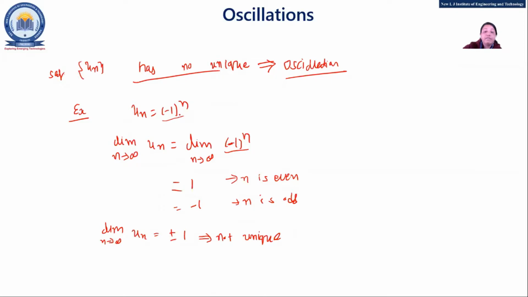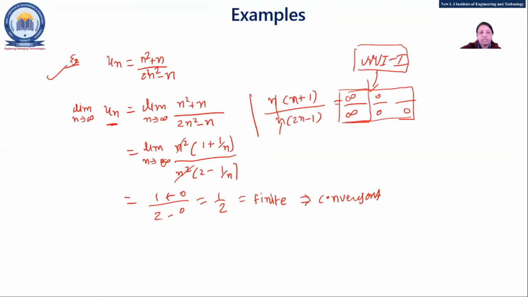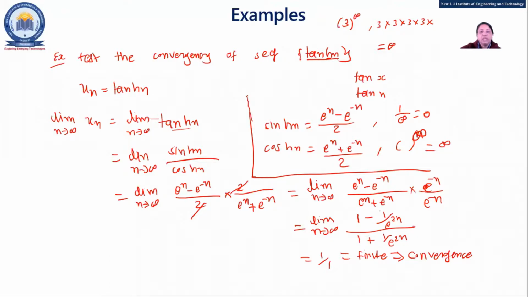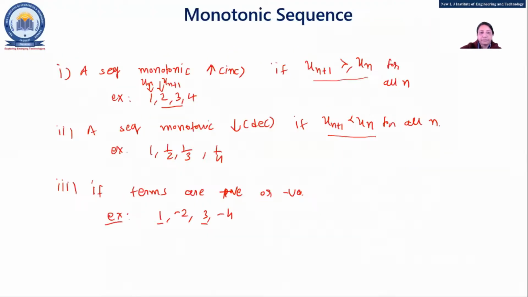When you find the limit of that one, the limit is not unique; here we get plus or minus 1. That type of sequence is called oscillation. We have seen these examples of sequences.